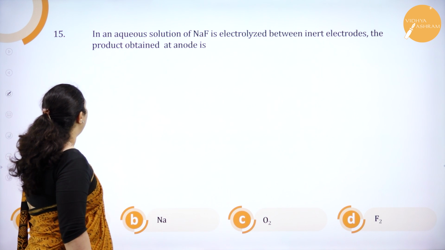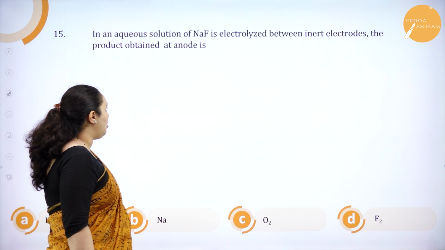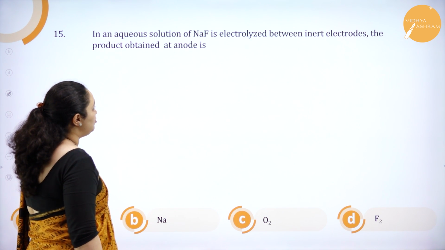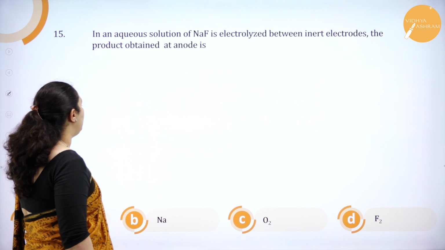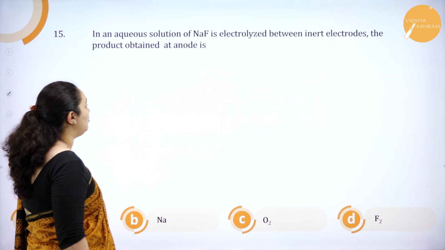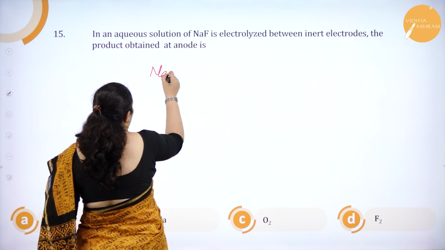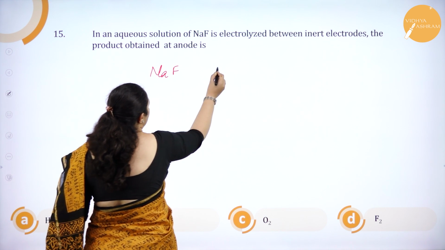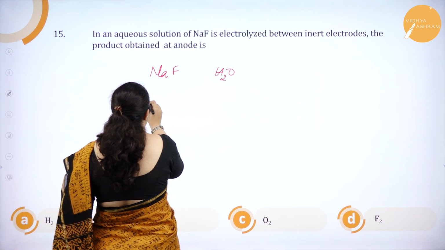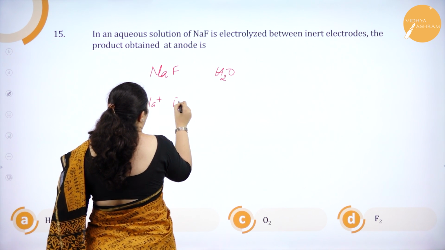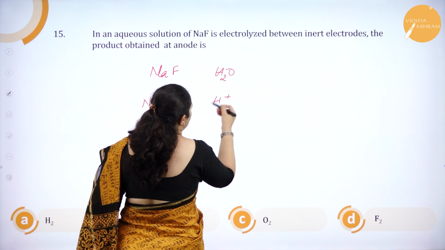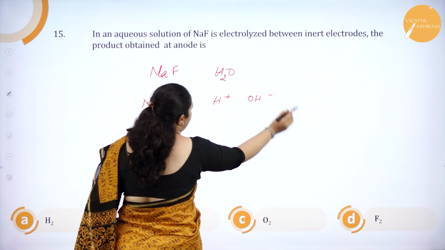Next one, 15th one, in an aqueous solution of NaF is electrolyzed between inert electrodes, the product obtained at anode is. So they are asking you, you have NaF and aqueous solution, that is H2O. So you have Na plus, F minus, H plus or H3O plus and OH minus.